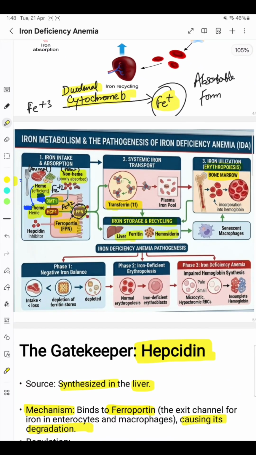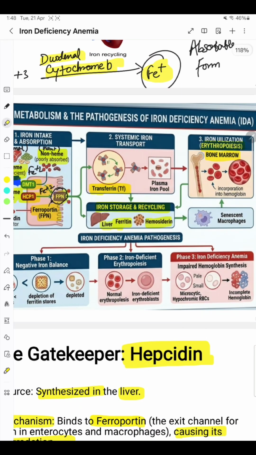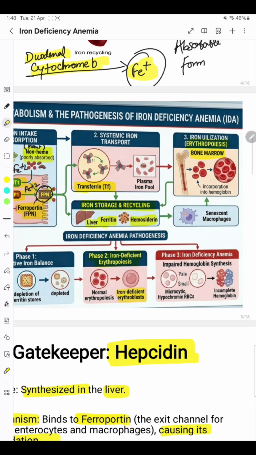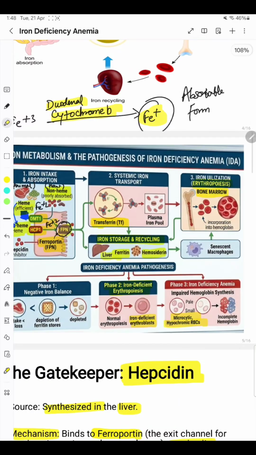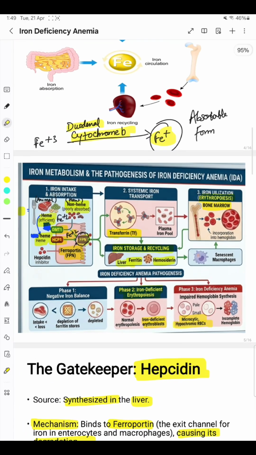Whenever there is deficiency of iron, due to decreased dietary intake, blood loss, or any reason, iron is not available for erythropoiesis, and there is iron deficient erythropoiesis. This ultimately results in the development of microcytic hypochromic anemia: low iron, low hemoglobin, and ultimately anemia.